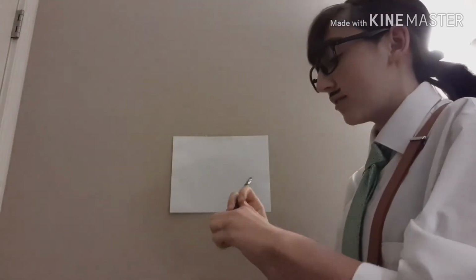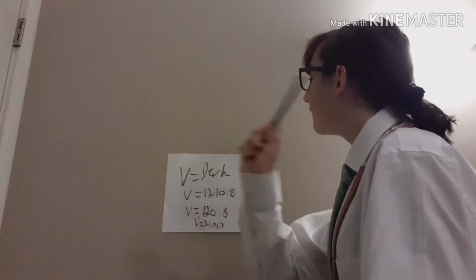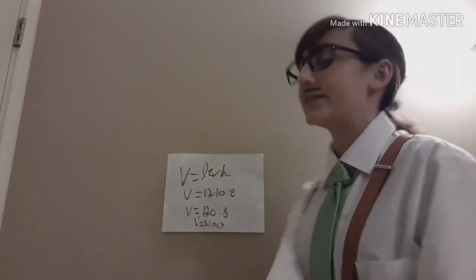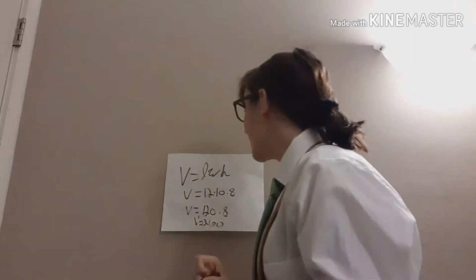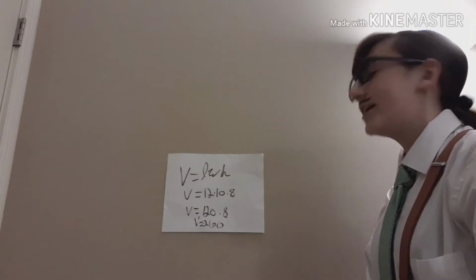It's very valuable because the numbers will change, but it's important that we have a specific rule to follow whenever we know that we'll need to find a certain thing. A good example of this would be volume equals length times width times height. Let's say we have a painting, and its length is 12 inches, its width is 10 inches, and its height is 8 inches.